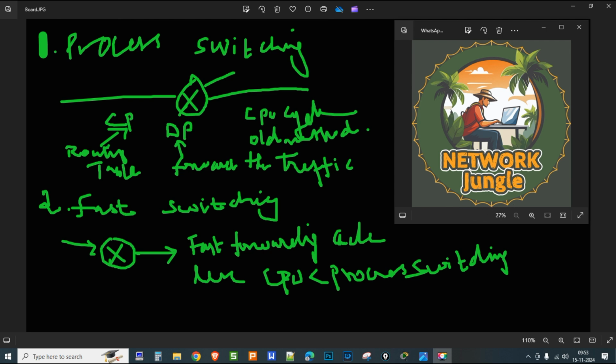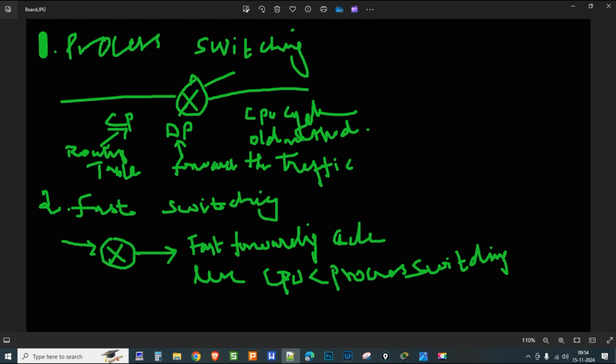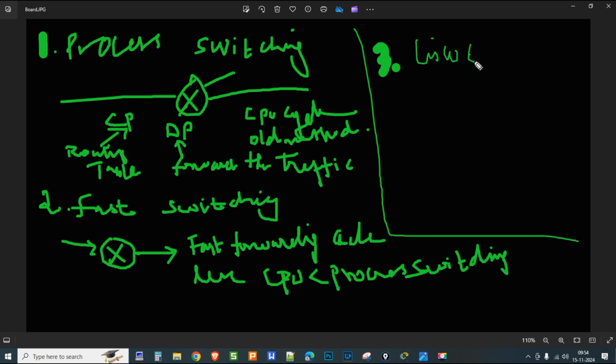And the last one, the third one, is Cisco Express Forwarding. Now most routers are using Cisco Express Forwarding.